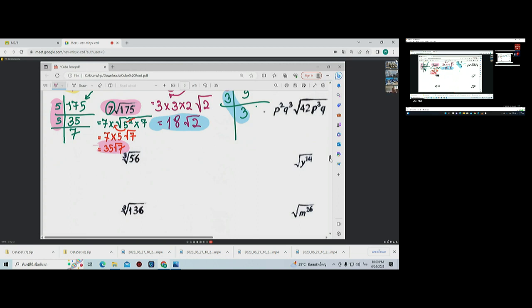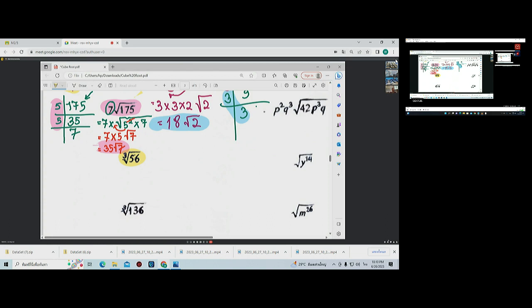Okay, next question. Can you read this? What is this? Cube root. How do you read it? Cube root of 56.